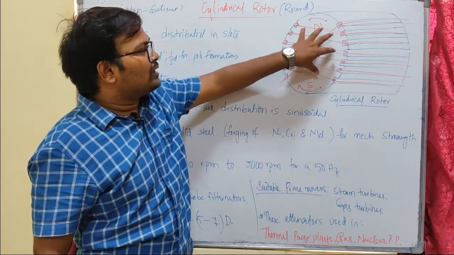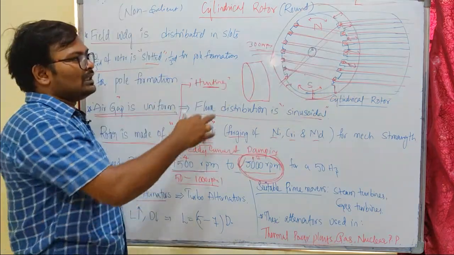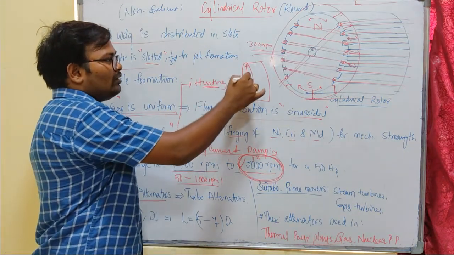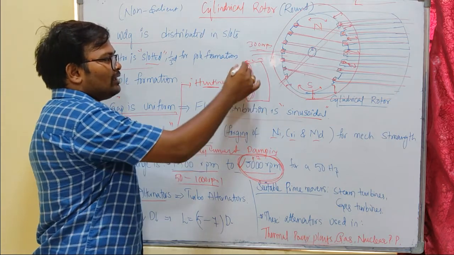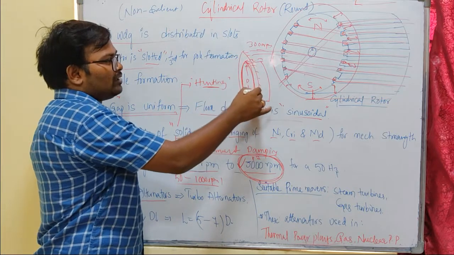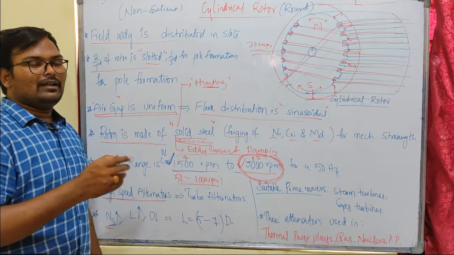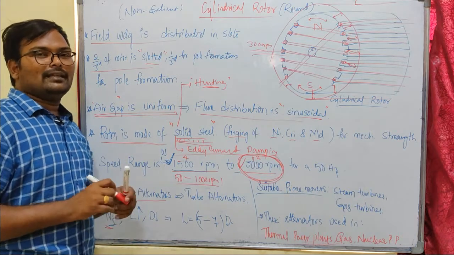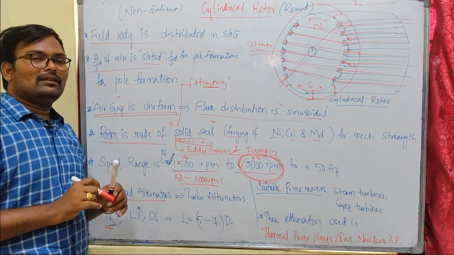Most of the cases, cylindrical machines will have two poles. The structure of the salient pole is like this, which has more diameter compared to length. If the rotor has more diameter, the stator will also have more diameter, so that you can accommodate more slots on the stator. In salient pole machines we have more diameter and less length, because the speeds of the machines are very low, in the order of 500 to 1000 rpm.